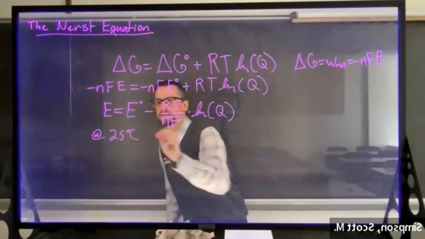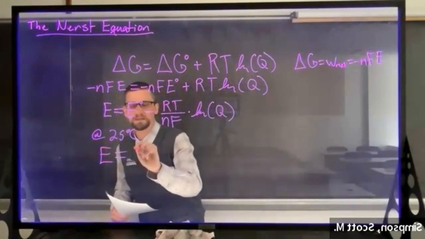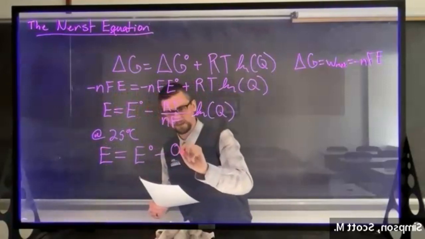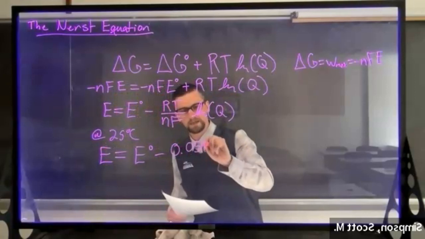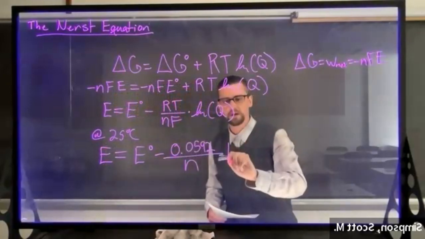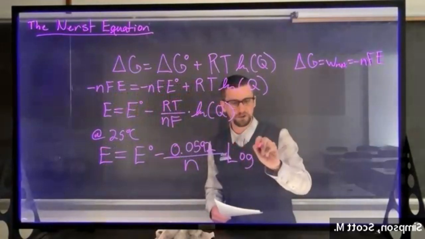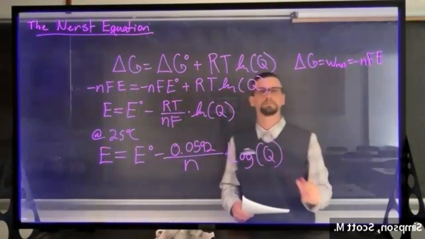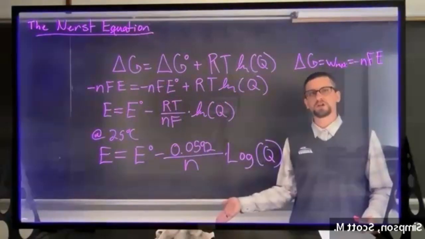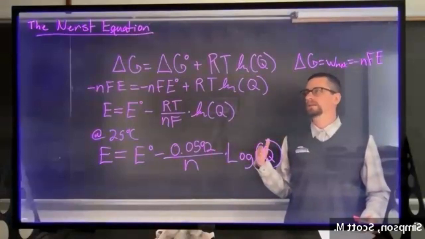At 25 degrees C, this just changes to E equals E naught minus 0.0592 divided by the moles of electrons transferred times log, notice the ln switched, of Q. We can utilize this relationship to solve for different things.